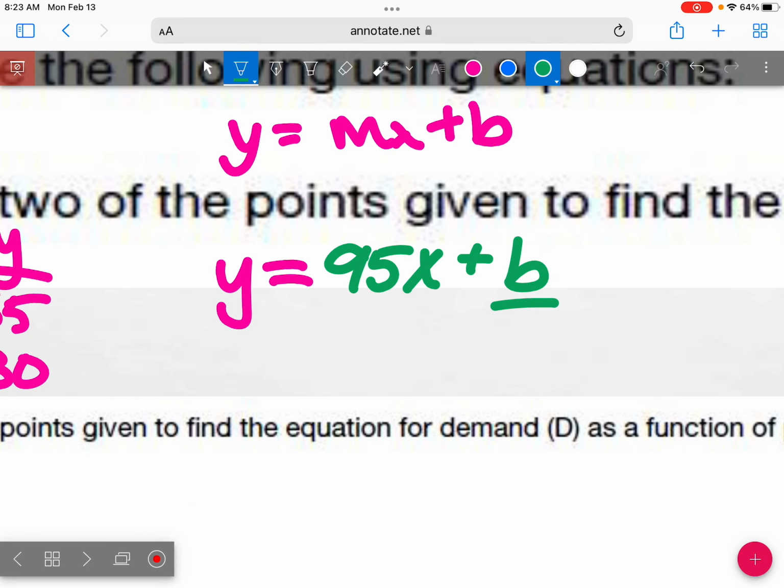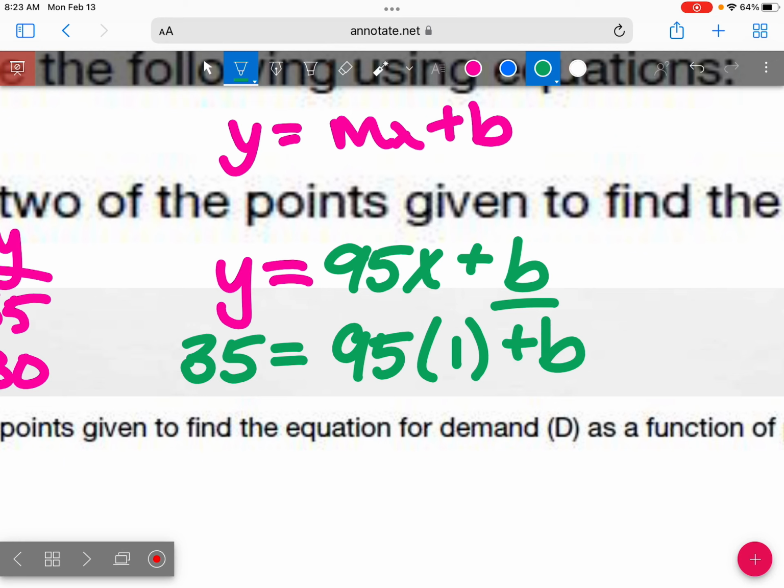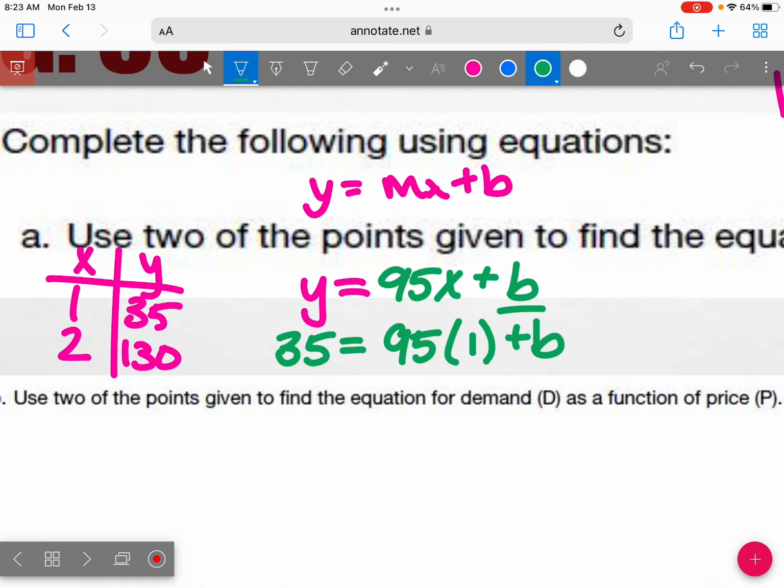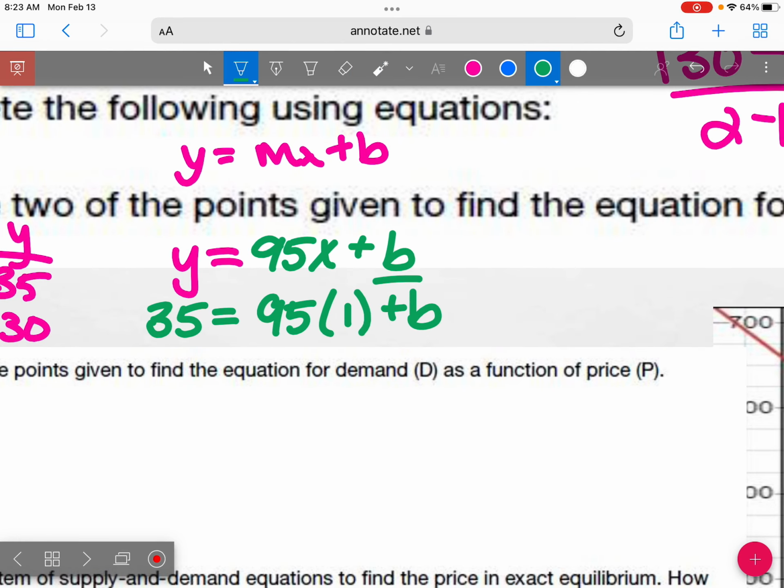So let's plug in 1 and 35 because that's nice. So what do we substitute in for y? 35. And then what do we substitute in for x? 1. We get plus b, right? So when we solve it out, we'll get 35 equals 95 times 1, which is just 95, plus b.